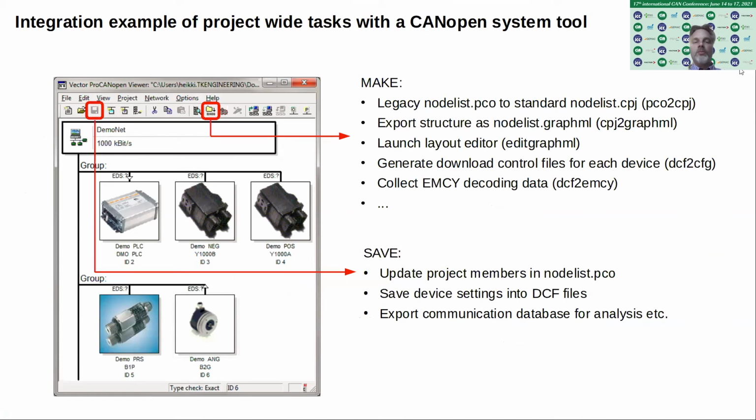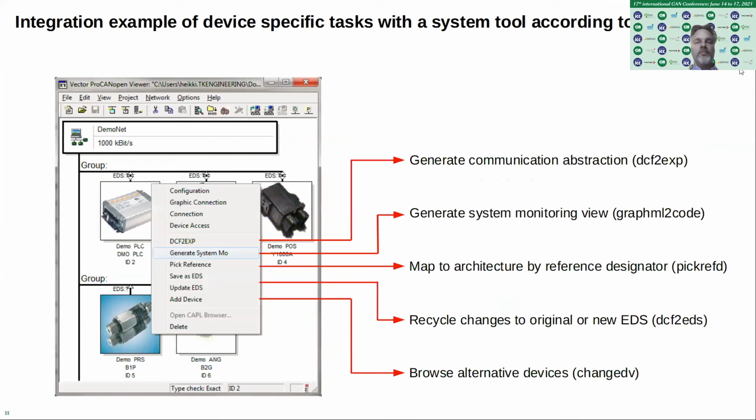And such tools make some magic every time when we click save, and they have make lookalike procedures where we can bundle some global procedures to help or increase the overall efficiency. And typically such tools support also device-specific shortcuts, which can be described as CiA 306 Part 3 tool integration interface.